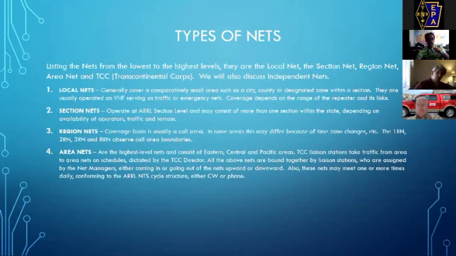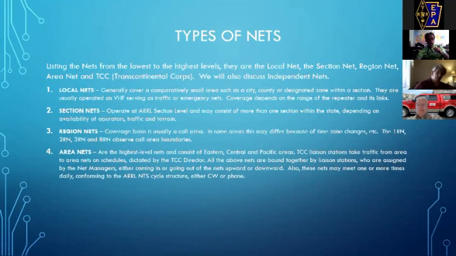Early in the morning is the one net. The 2 is late in the afternoon, 3 is early evening, and 4 is late in the evening. So we have various cycles, the first cycle, second cycle, third, and fourth cycle during the day, and the nets are timed to correspond with that.